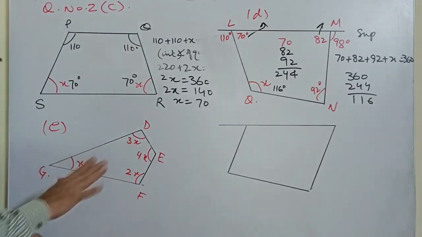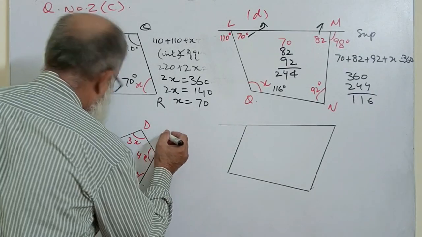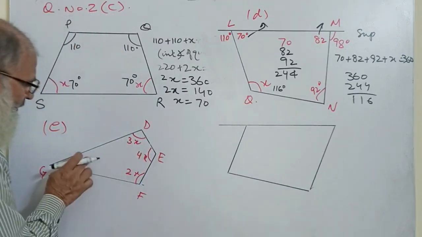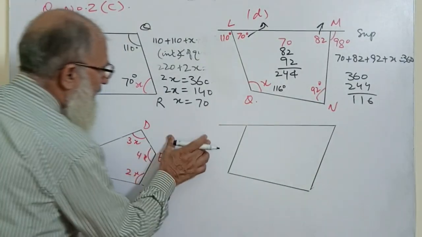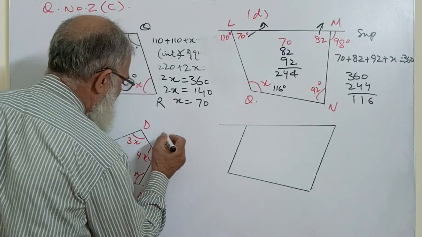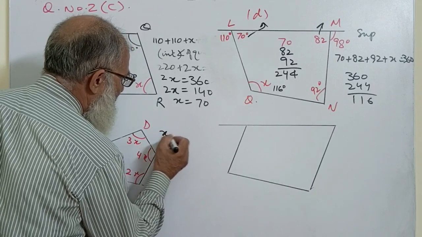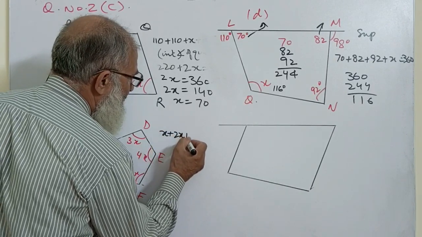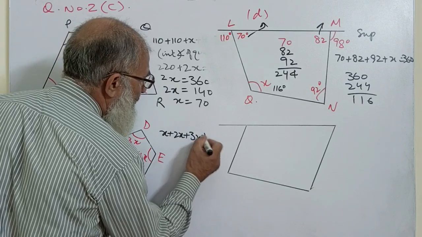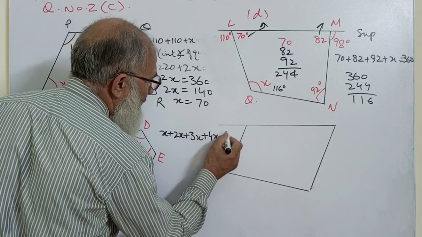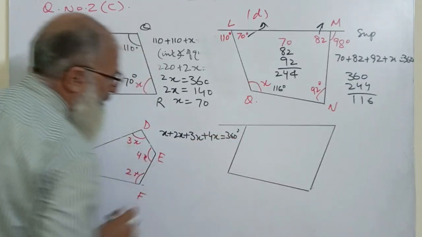These are almost known angles because when we add all four angles we get 360 degree. So it will become x plus 2x plus 3x plus 4x is equal to 360 degree.